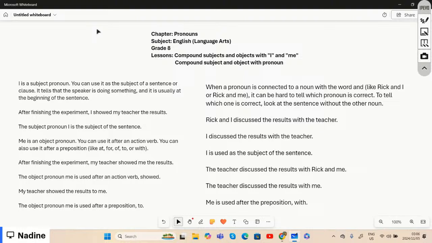So the pronoun subject I, we usually use at the beginning of a sentence, right? So I is a subject pronoun, and you can use it as a subject of a sentence. And usually that is at the beginning of the sentence.